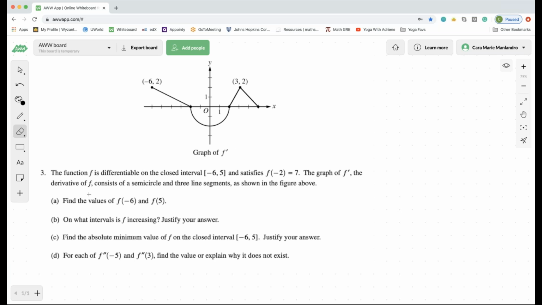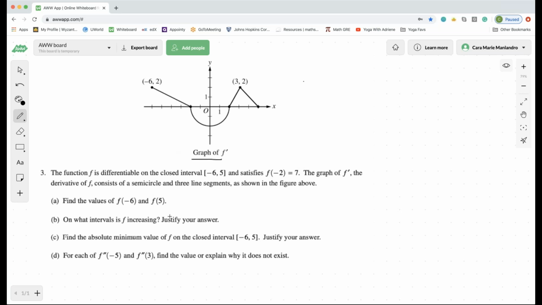So here we have a function that's differentiable in the closed interval. Note here that this is f prime, so be real careful with what they are asking for. They give us that f of -2 is 7, and then we have this graph.